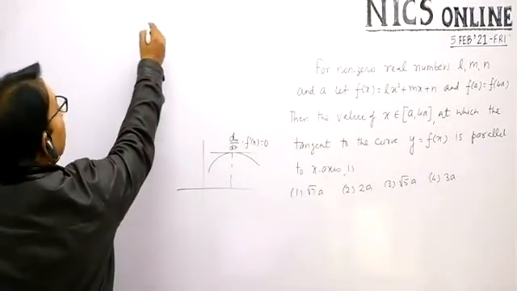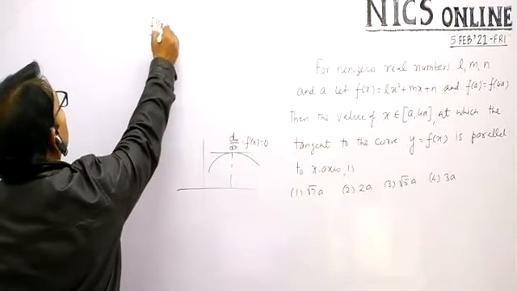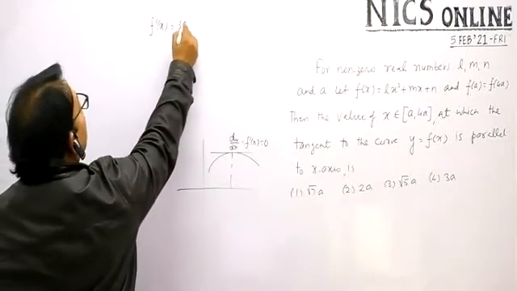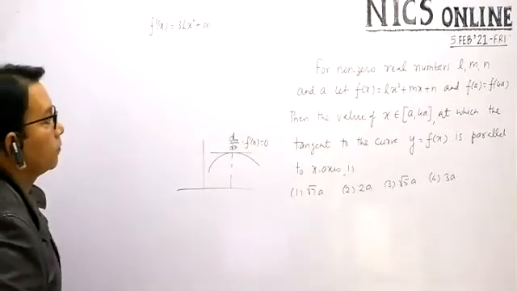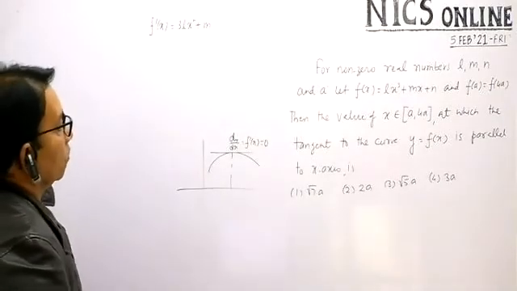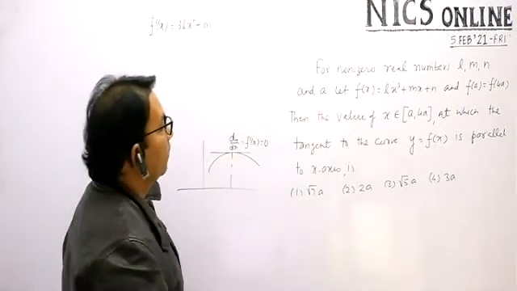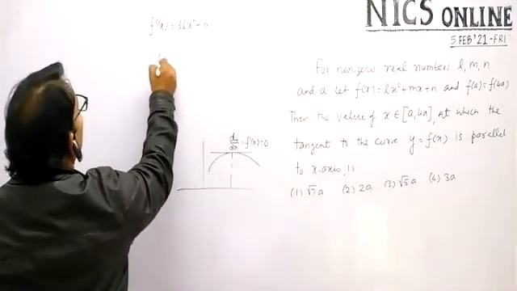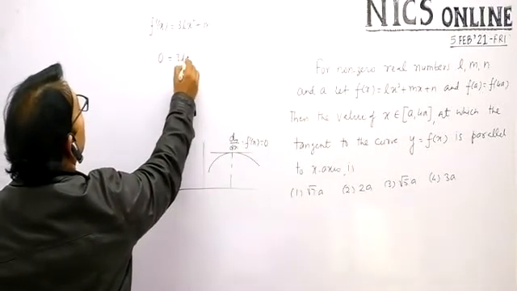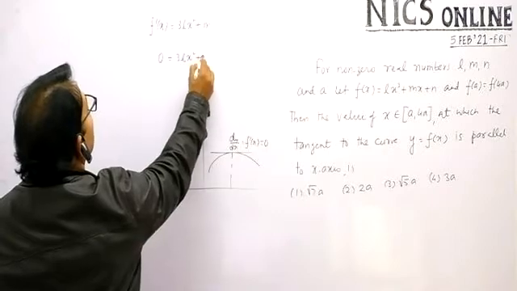Okay. Let's differentiate the function. f dash x will be 3lx square plus m. This is the derivative of the function, and this should be equal to 0. Equate this to 0: 3lx square plus m.